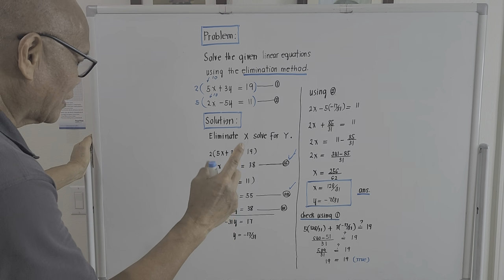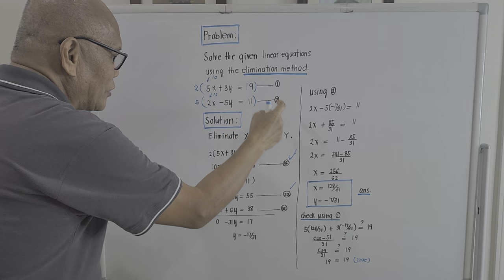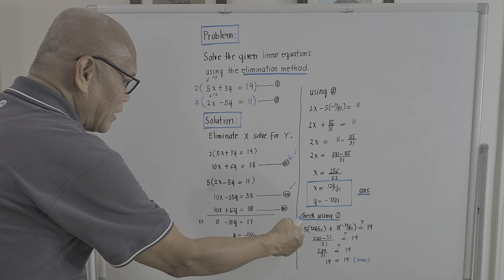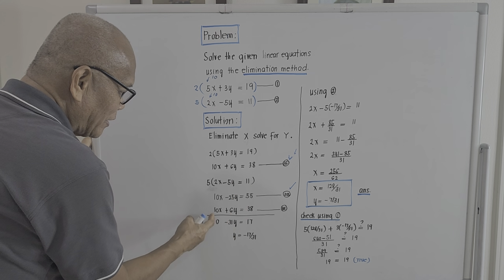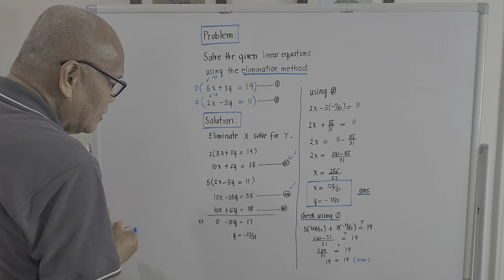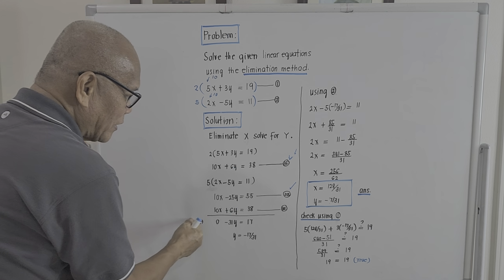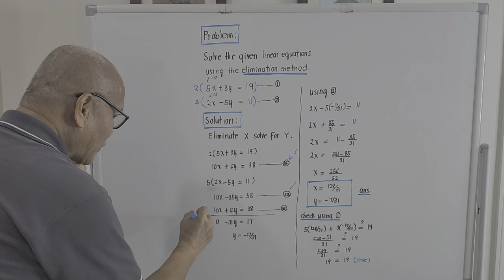Then I will rewrite equation 1a underneath. So rewriting equation 1a, this will be 10x plus 6y equal to 38. It emanates from this. Then I will perform the operation subtraction.